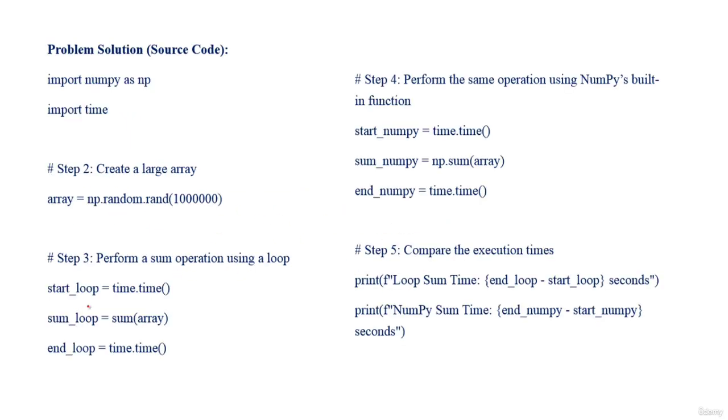Here you can see that all the steps are implemented using NumPy. Perform a sum operation using a loop and using a built-in function. You can see that sum is a built-in function, this sum is a Python function. So here we are comparing execution times.